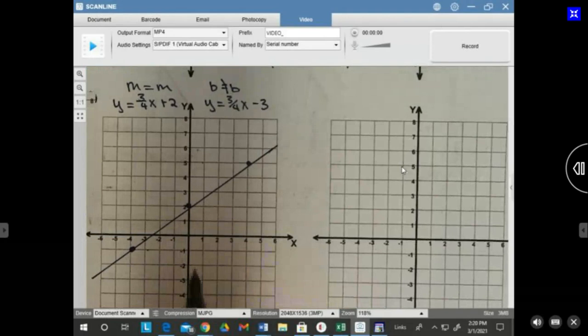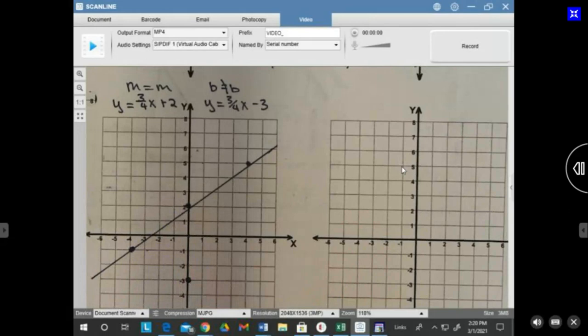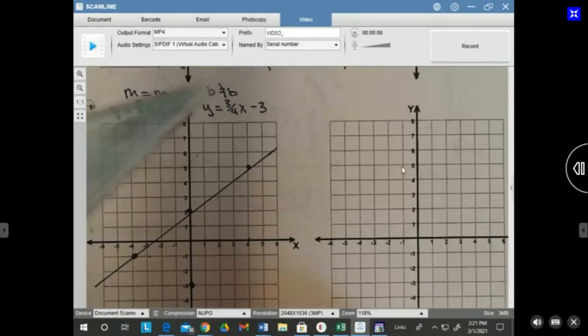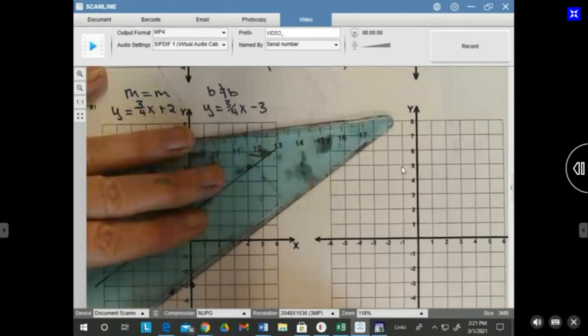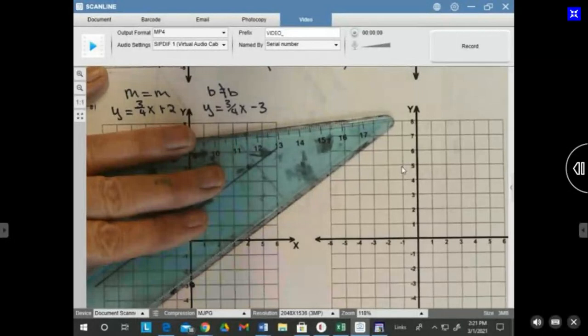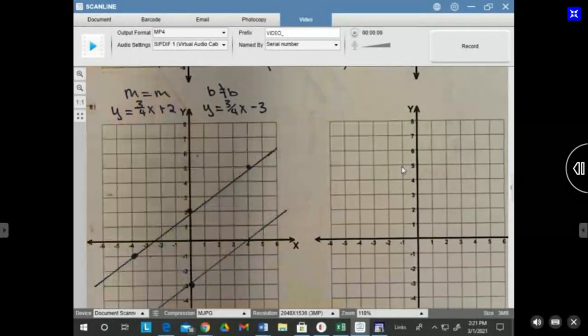Even though I'm going to start the second one down here at negative 3, I'm still going to do the same rise over run, so that's going to give those two lines the same exact slant. What are the slopes? 3/4. Okay, parallel lines, no solution.